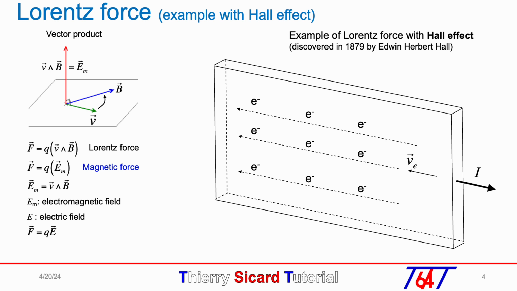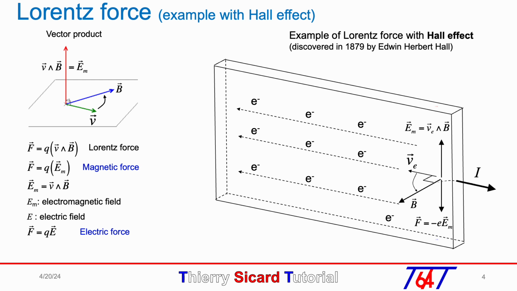as F equal QE. Now, if a magnetic field B is perpendicular to the electron velocity vector, the vector product of VE to B will provide an electromagnetic field EM directed to the top. This vector EM will provide a force F equal minus QEM directed to the bottom.